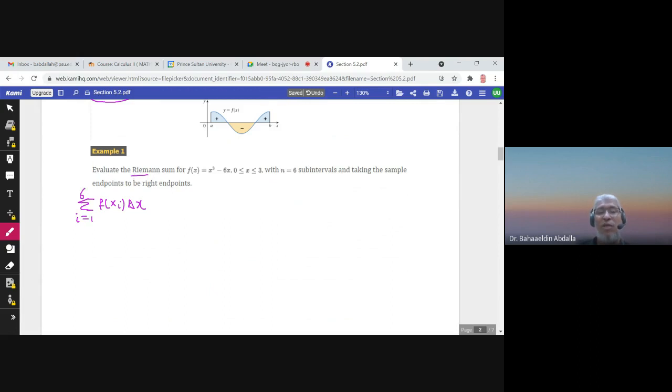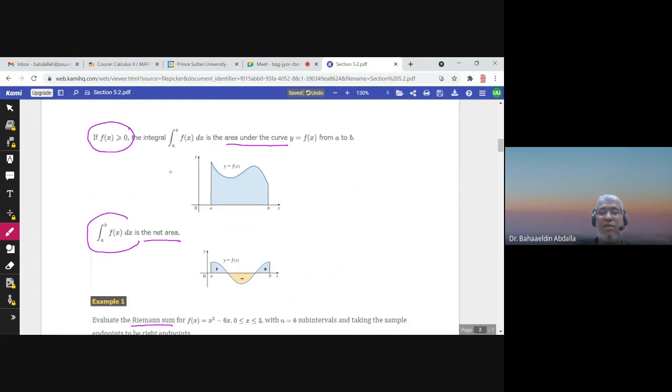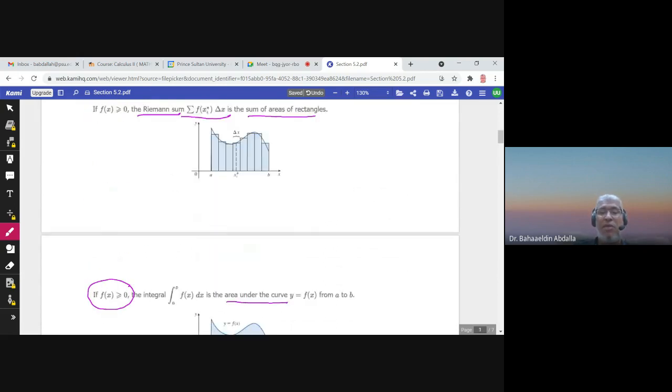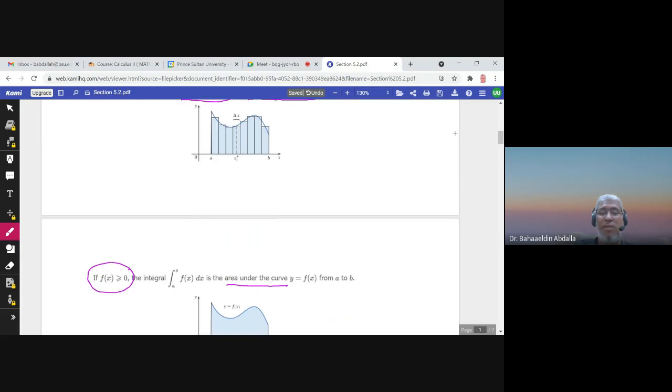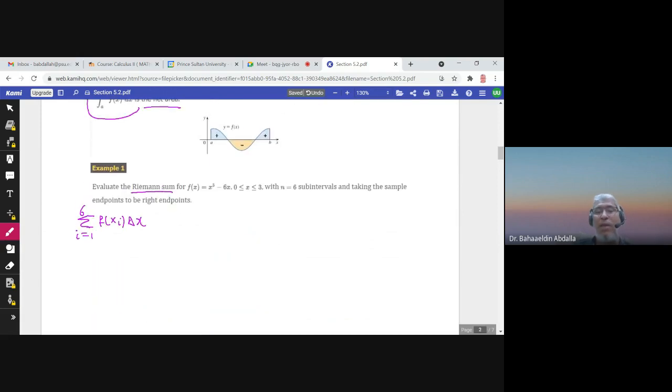So evaluate the Riemann sum using 6 rectangles, 6 subintervals, and taking the sample points to be right endpoints. So this is a function, and we have from 0 to 3.